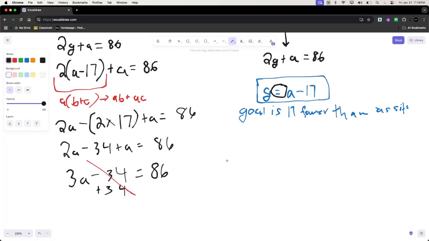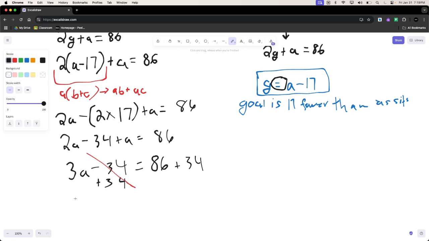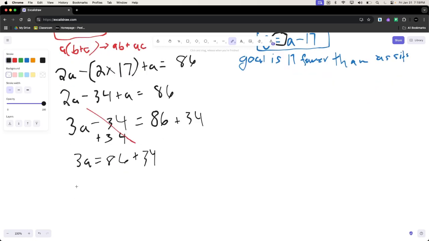So then we're going to get a plus 34 on this side of the equation. So now what is left is 3a, which equals 86 plus 34. And I'm going to simplify this by just adding them together. So 86 plus 34 is 120.